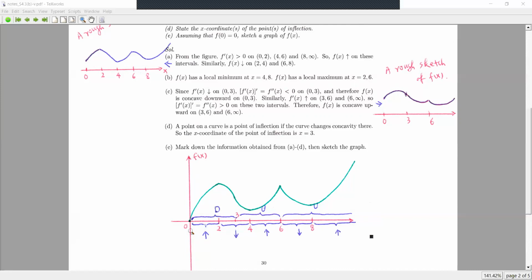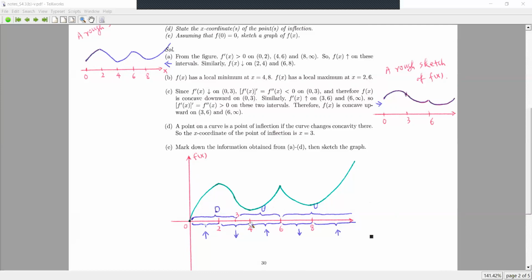The first piece, 0 to 2, the graph is increasing and concave down. So I draw a curve like this, concave down, increasing. Second piece, 2 to 3, the graph should be concave down, decreasing. So I draw a curve going down and decreasing.